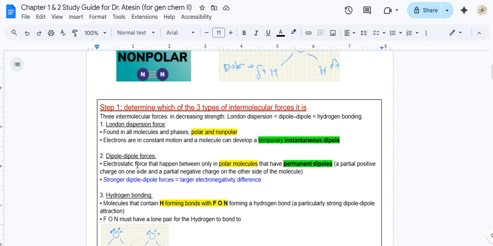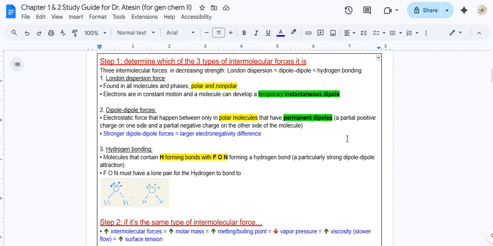And stronger dipole-dipole forces means there's a larger electronegativity difference, which is a relationship you probably don't need to memorize and you can just make sense of, because dipole-dipole forces exist because there's a positive and a negative side. And if a more positive side and a more negative side exists, the dipole-dipole forces will also exist more. So hopefully that makes sense.